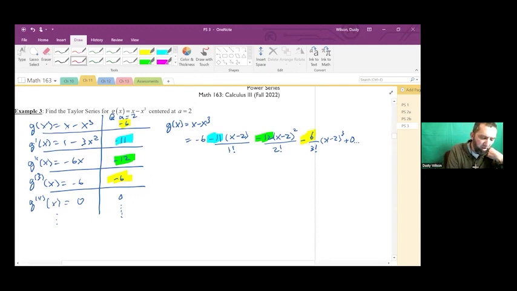Notice again that your denominators are going to be 0 factorial, 1 factorial, 2 factorial, 3 factorial, and you have the x minus 2's from the formula that are sitting in with each of the terms. x minus 2 to the 0, x minus 2 to the 1, x minus 2 to the 2, x minus 2 to the 3, plus 0, 0, 0, etc. So there we found a Taylor series for g of x equal to x minus x cubed, but this time centered at x equals 2 instead of centered at 0 like the original function that we're given.